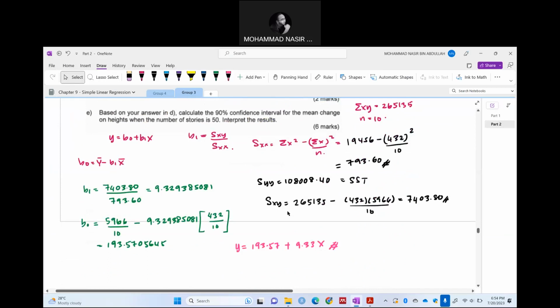Ada compare sekarang. This one done, right? Sudah?